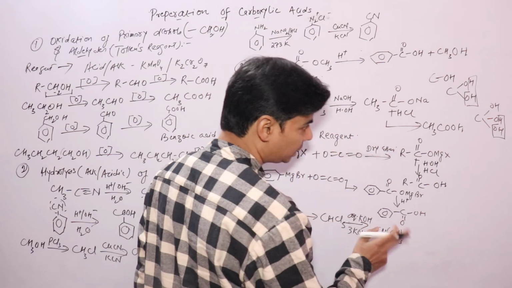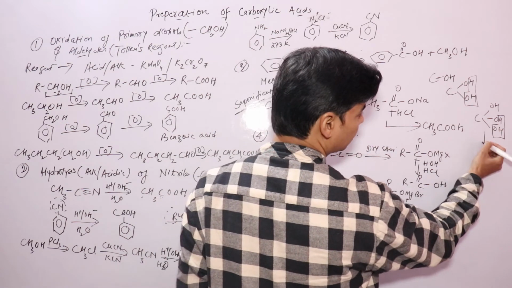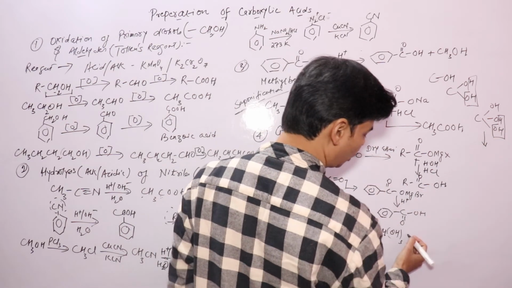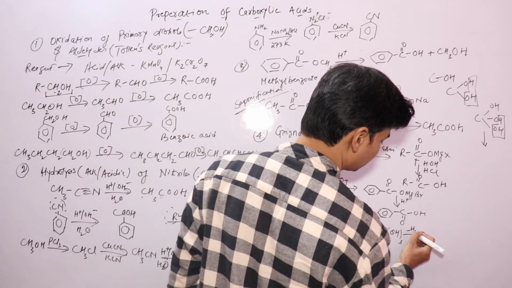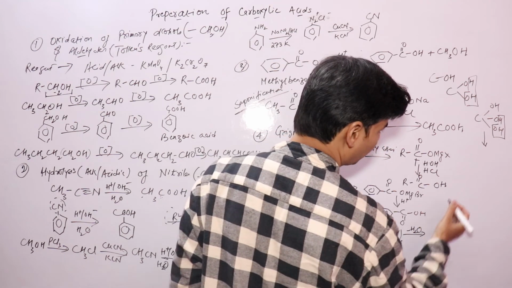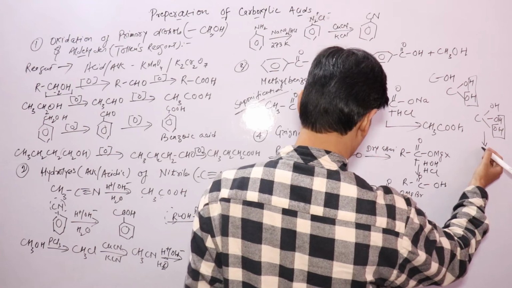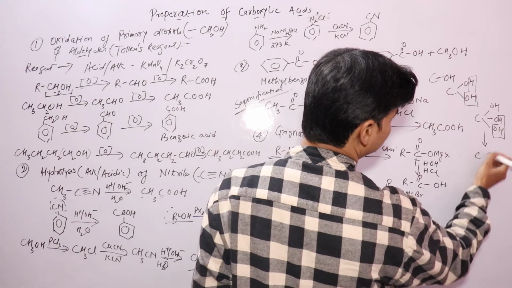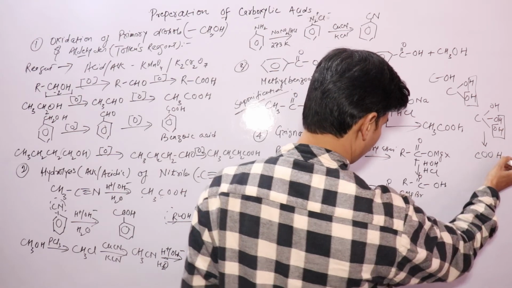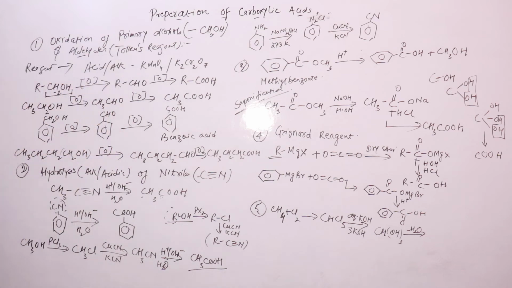So here you have 3 OH groups on one carbon atom. It is this situation. So a molecule of water would be eliminated, and what will it form? It will form COOH. This is the compound that it will form, which is your carboxylic acid group.